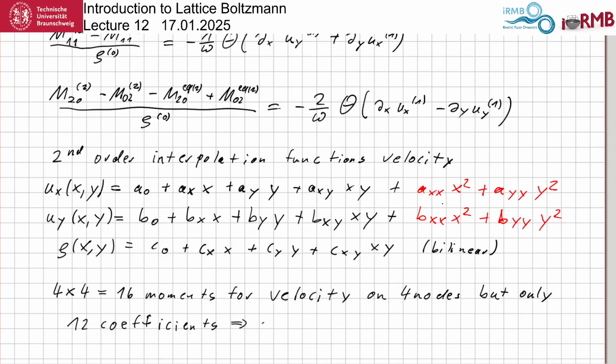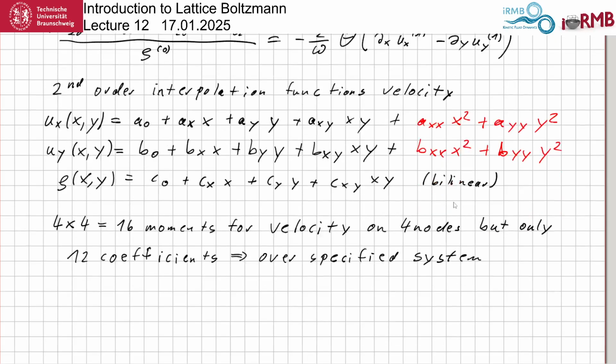So we have an over-specified system. It does not work out of the box, so we have to somehow reduce the data that we have.